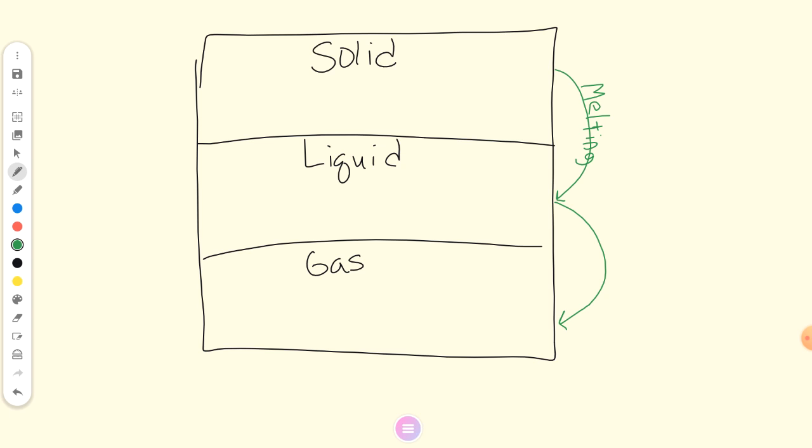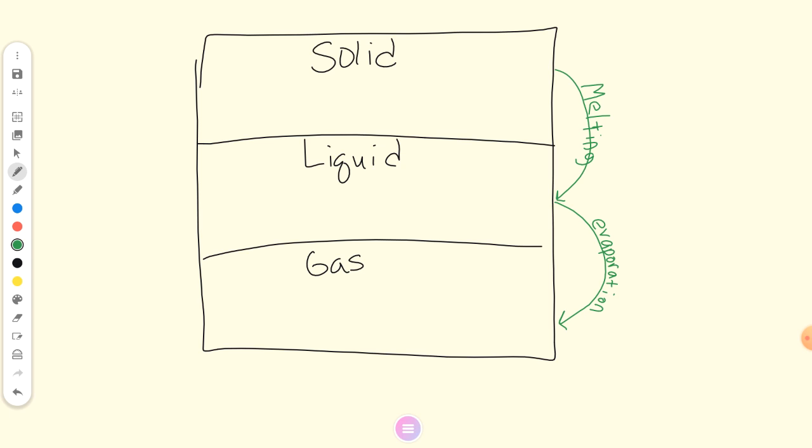Maya? Evaporation is what's happening. Yes, evaporating. So I'll just write evaporation. So to go from a solid to a liquid, something has to melt. To go from a liquid to a gas, it can evaporate.